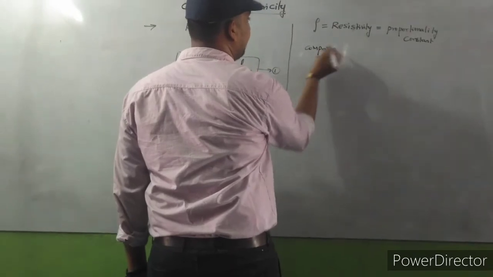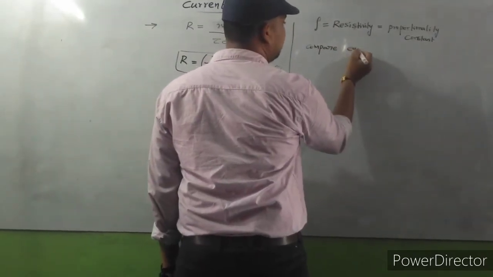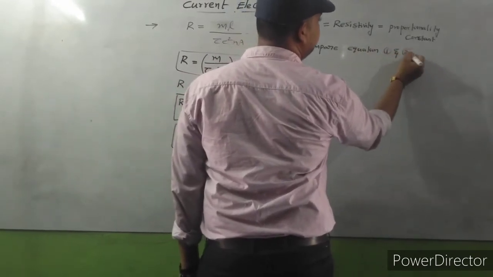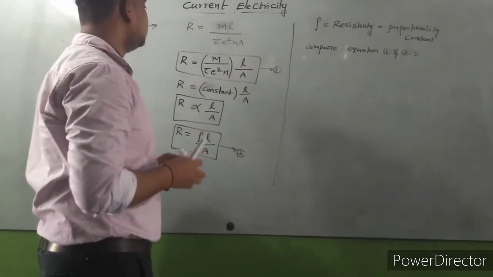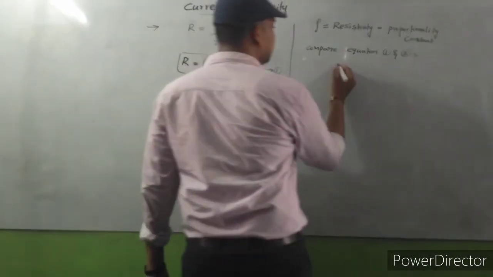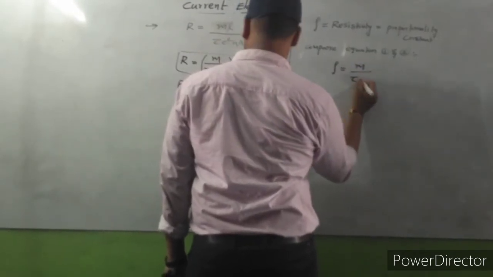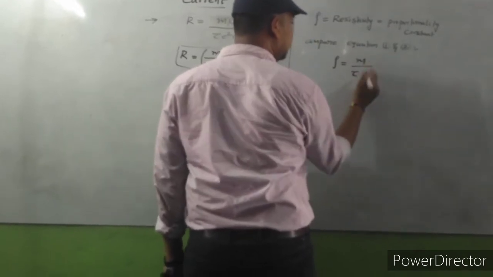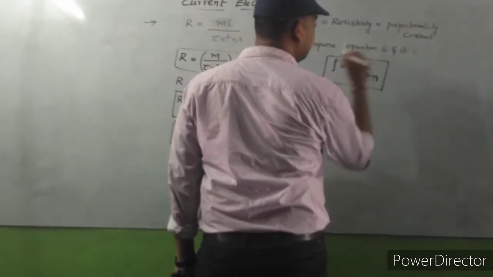Compare equation 1 and 2. We get rho is equal to m by tau e square n.